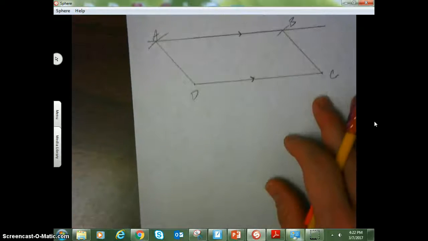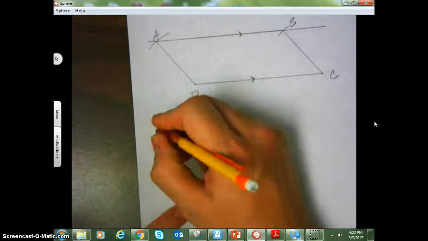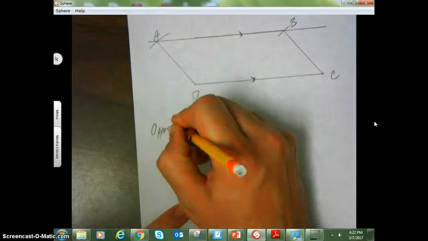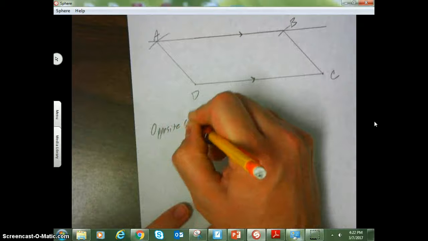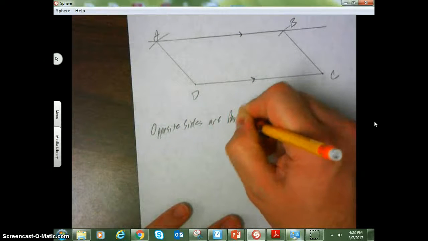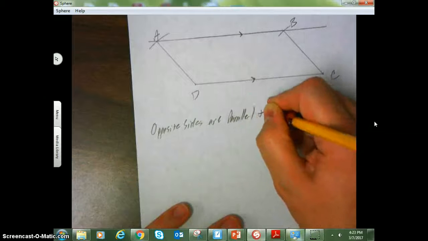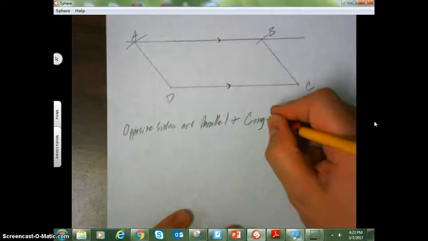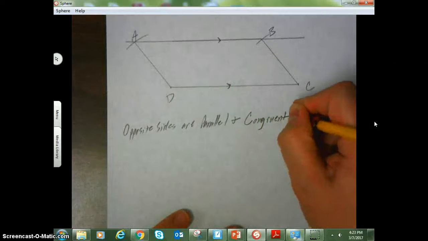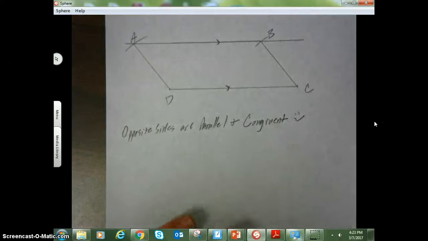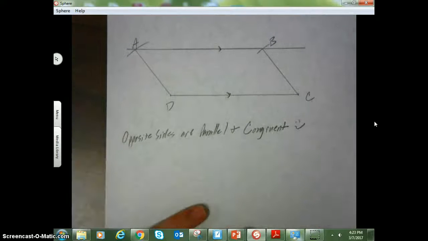So one of the properties of parallelograms is that the opposite sides are parallel to each other, but not only that, they're congruent to each other also. They're parallel and congruent, hence the name parallelogram. That's the unique thing about it.